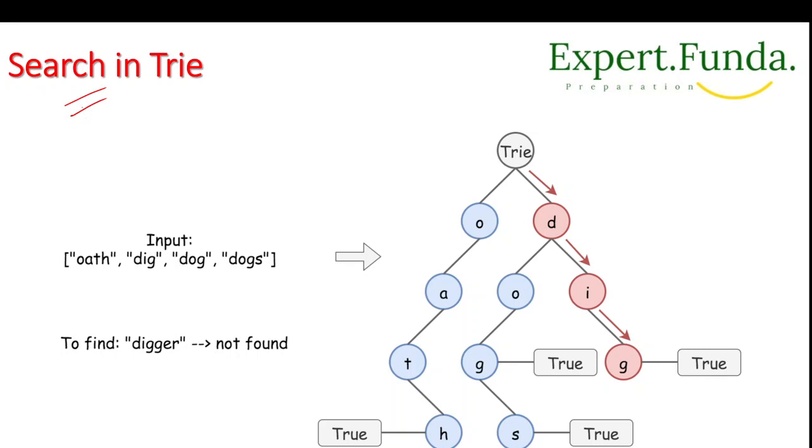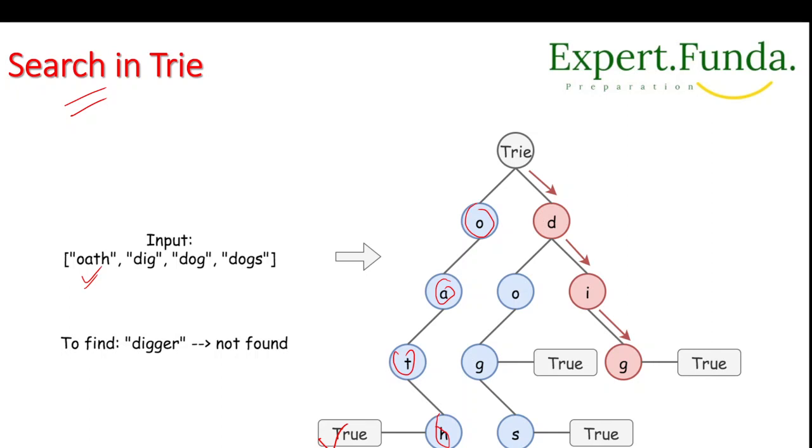So how will we implement search in Trie? If our Trie is already ready, our dynamic Trie is already ready, then let's suppose we are going to find the word oath. First we'll go with O, then we'll take A, then T, then H. This is there, so we'll return true.